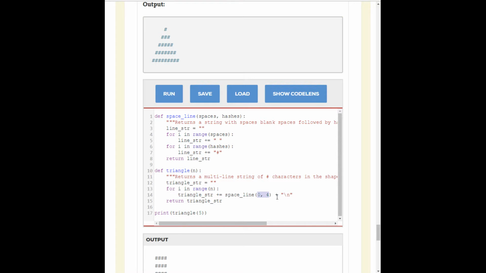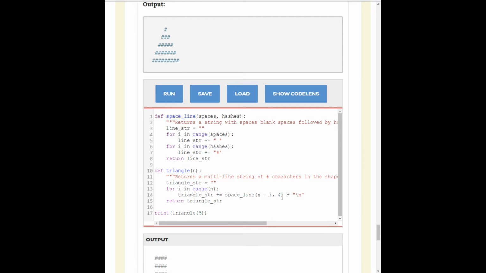I can do that by making the number of spaces equal to n minus i. So that'll return n spaces minus i. The first time through it will return 5 spaces minus i, which is 0. Actually, that's wrong. That's not right.